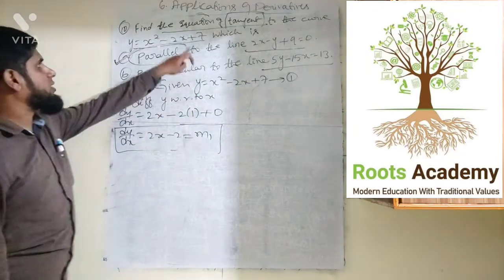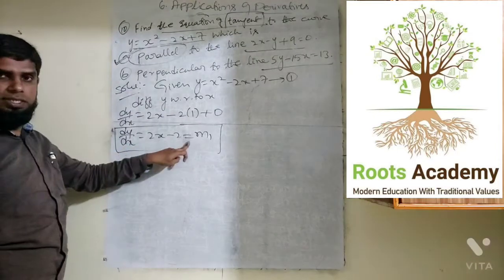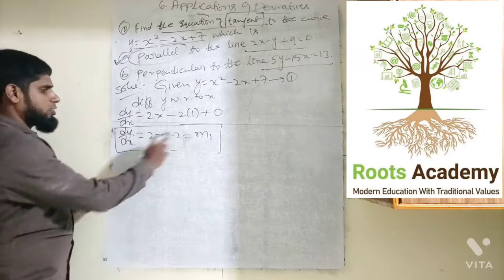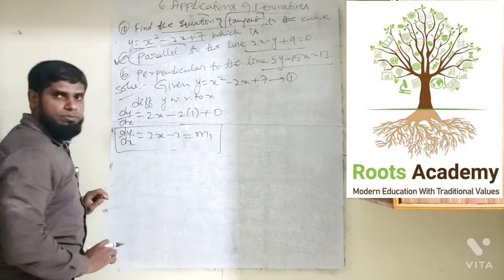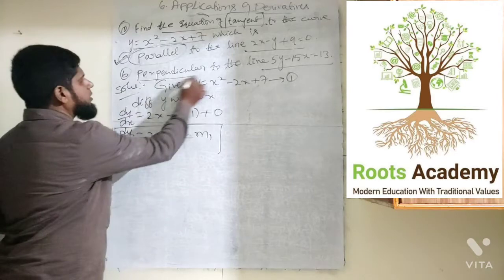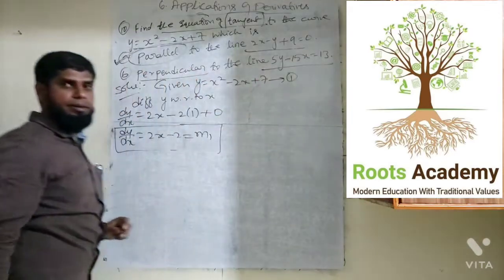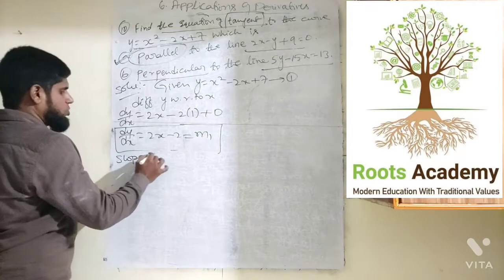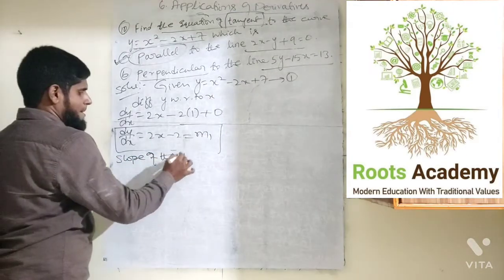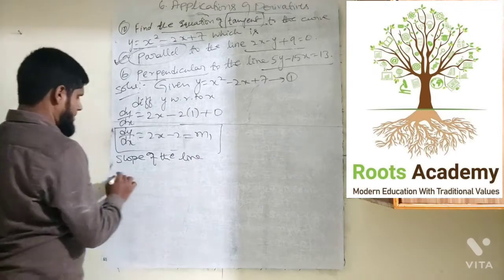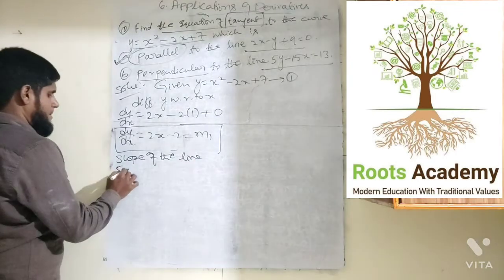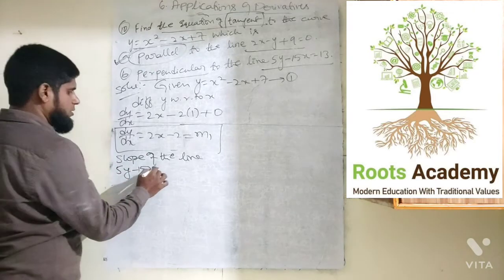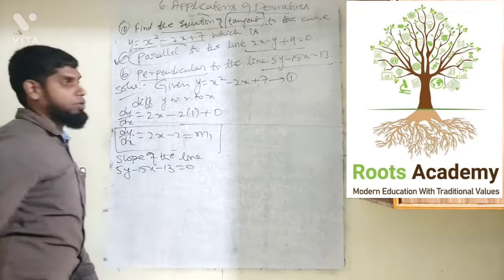Now students, the curve is the same, so its derivative already exists, and its slope is represented as m1, with value 2x minus 2. Now I should take the slope of the line 5y minus 15x minus 13 is equal to 0.